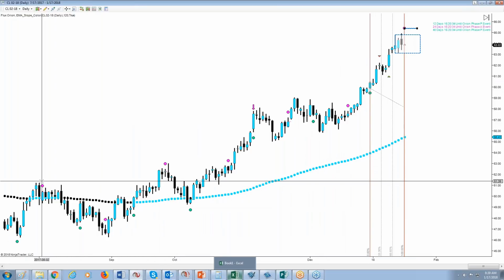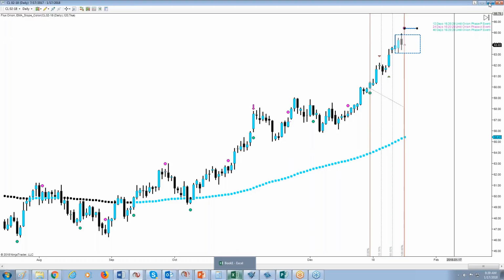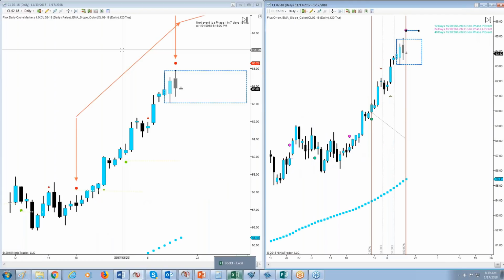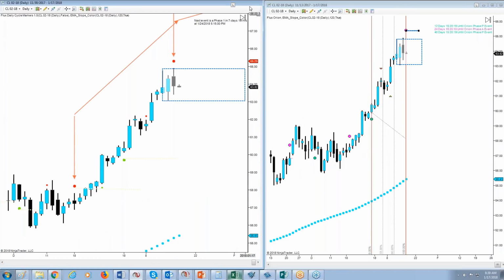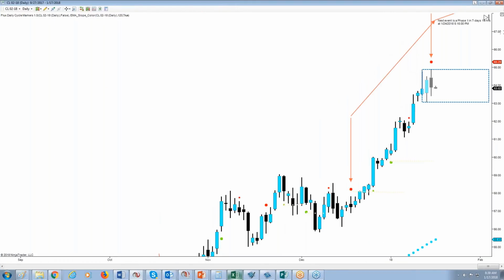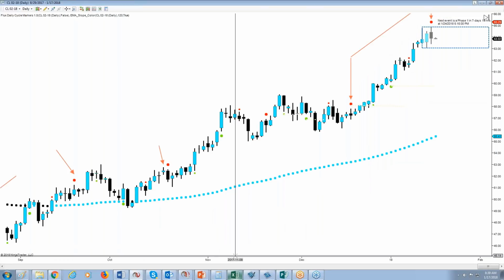Same thing over here back in August. So we're seeing that net effect now kicking in. And also we're on the phase 4 in the daily cycle marker chart. So a phase 4 signal, that was yesterday. And we can get a nice understanding of what usually happens in a phase 4 at a brand new high.